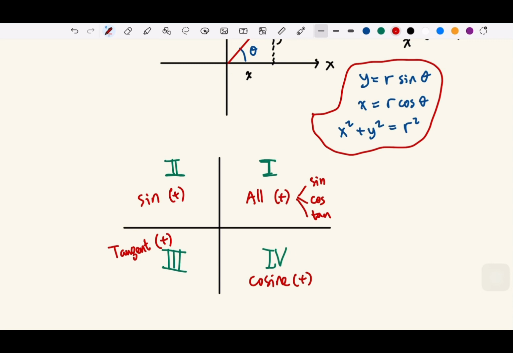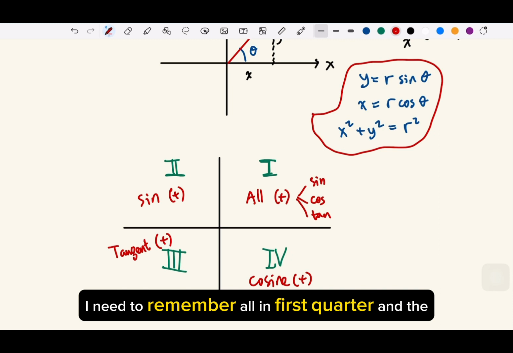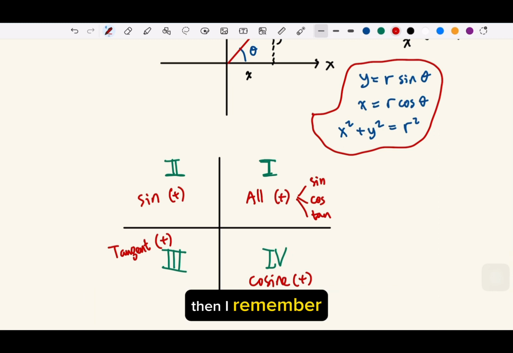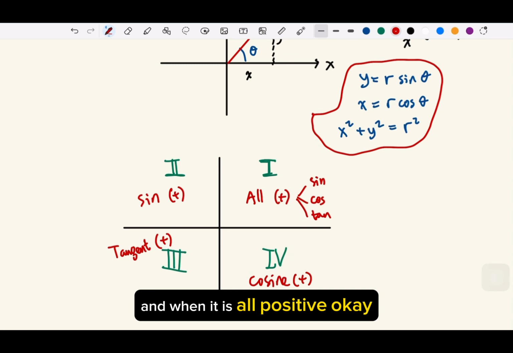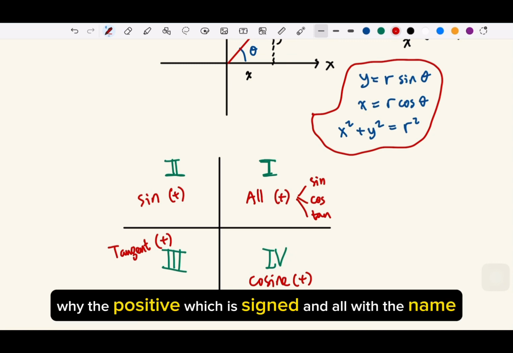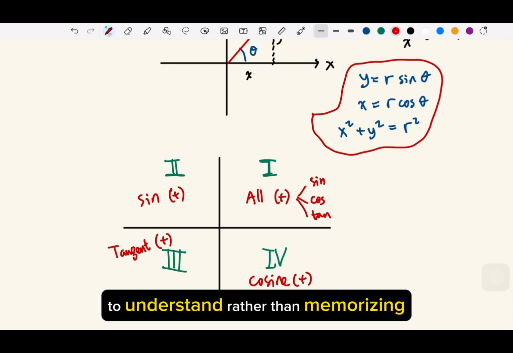I had the experience where I needed to remember, oh, in the first quadrant they are all positive, and I needed to memorize all the things. But then I remembered this is just a plain Cartesian system, x, y, and when it is all positive, okay, all positive. This is only y that is positive, which is sine, and all will be negative, right? I think that will be a good way to understand rather than memorize.